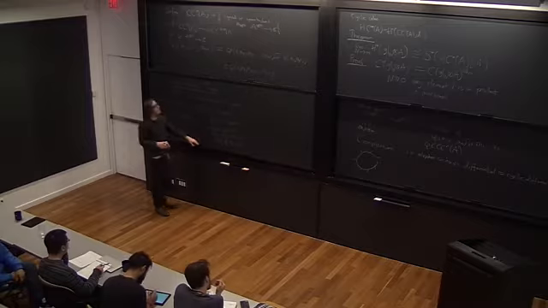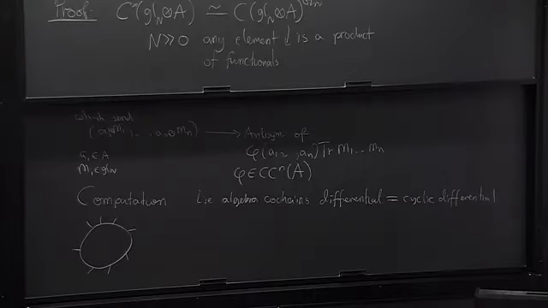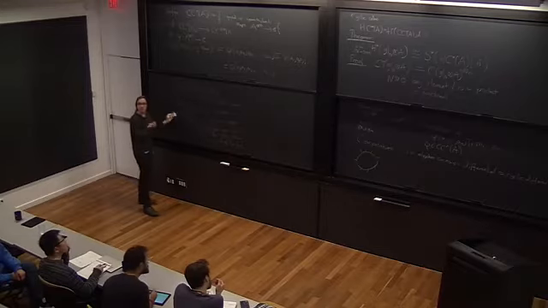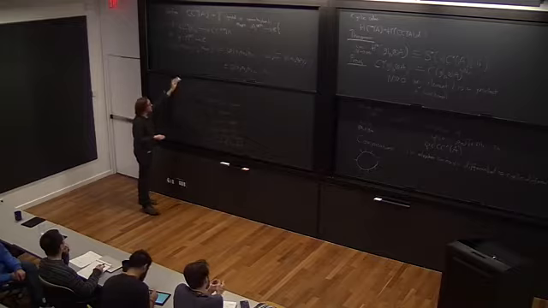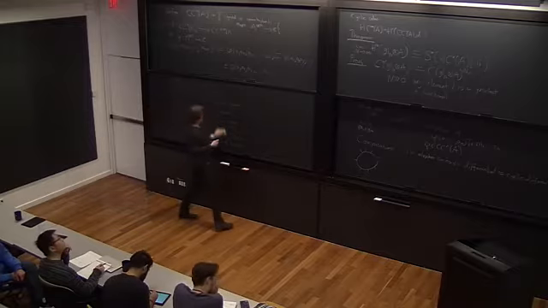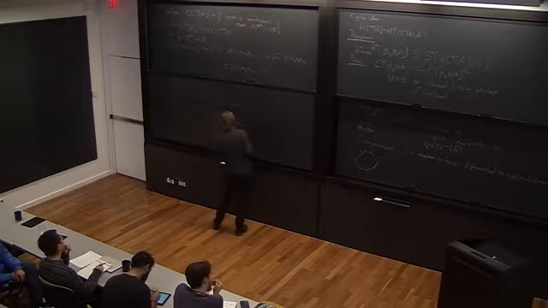So the final part of the Loday-Quillen-Tsygan story tells you what cyclic cohomology is for a certain A. So let me tell you the answer.